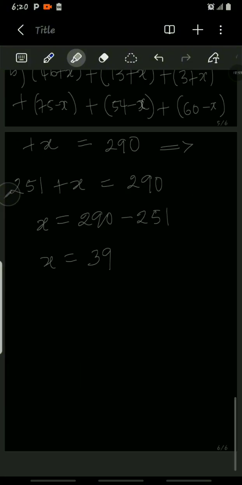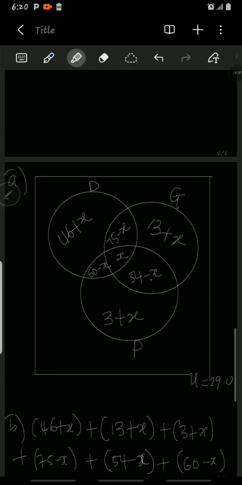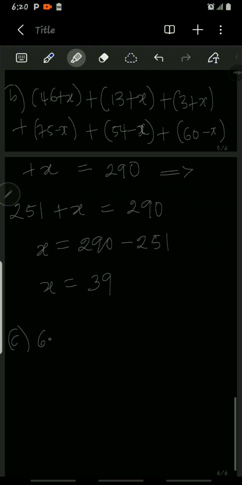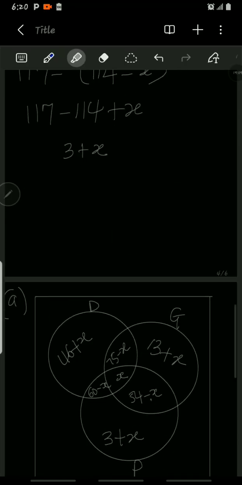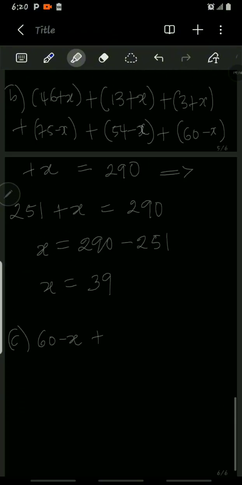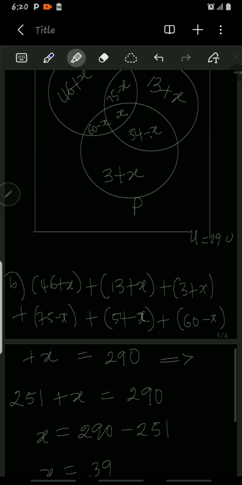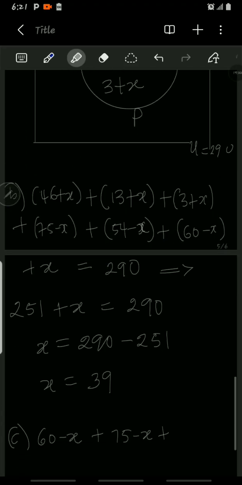So for C, I'm basically adding 60 minus x plus 75 minus x plus the last one is 54 minus x.